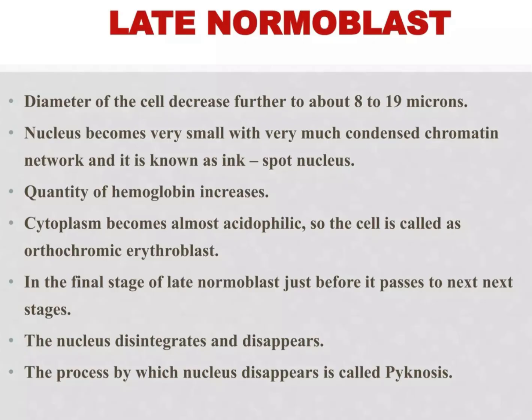Autochromic erythroblast. Now since we have autochromic erythroblast, listen, it's shrinking already from 20 to 15, from 15 to 10 or 12, and from 10 or 12 to less than 10, about 8 to 10 micrometer here in the late normoblast, or we call it autochromatophilic normoblast.